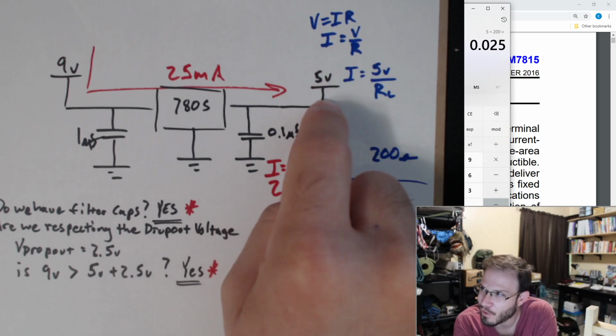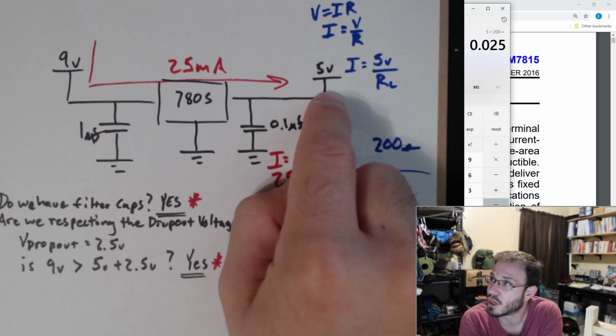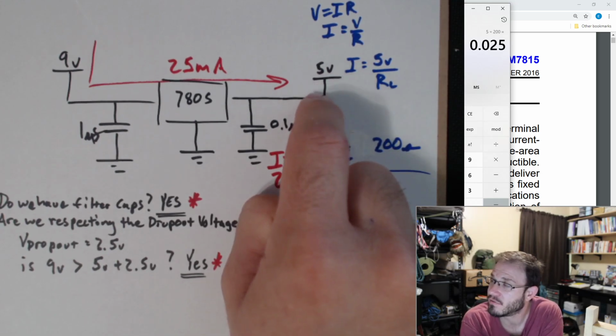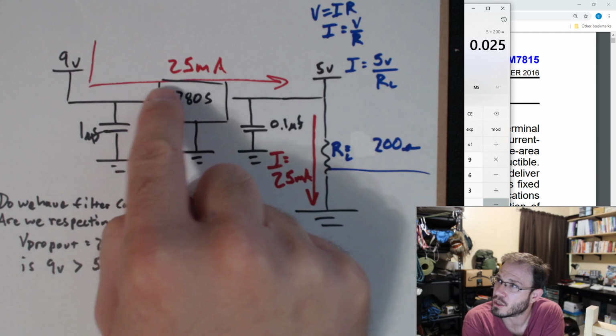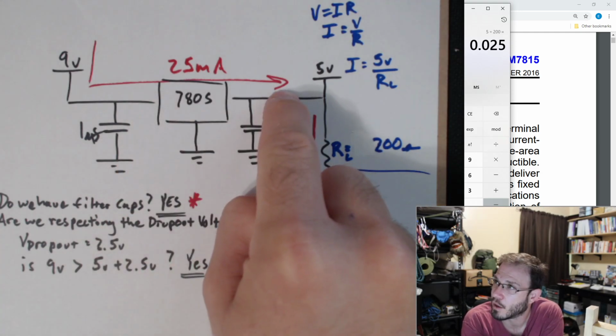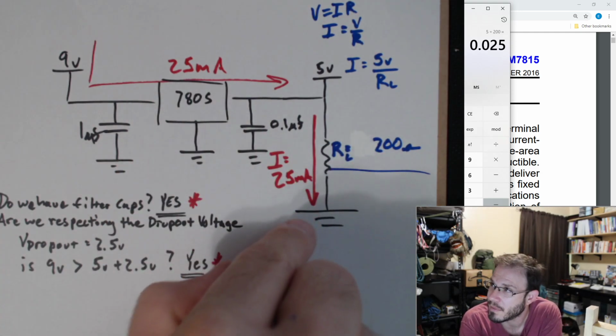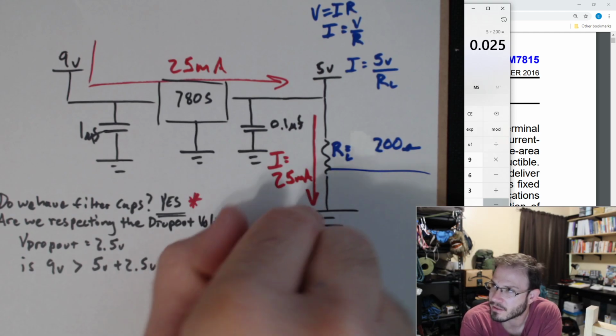This is how the regulator does the job of maintaining a fixed 5 volts, by controlling how much current is going through and ultimately being delivered to your device.